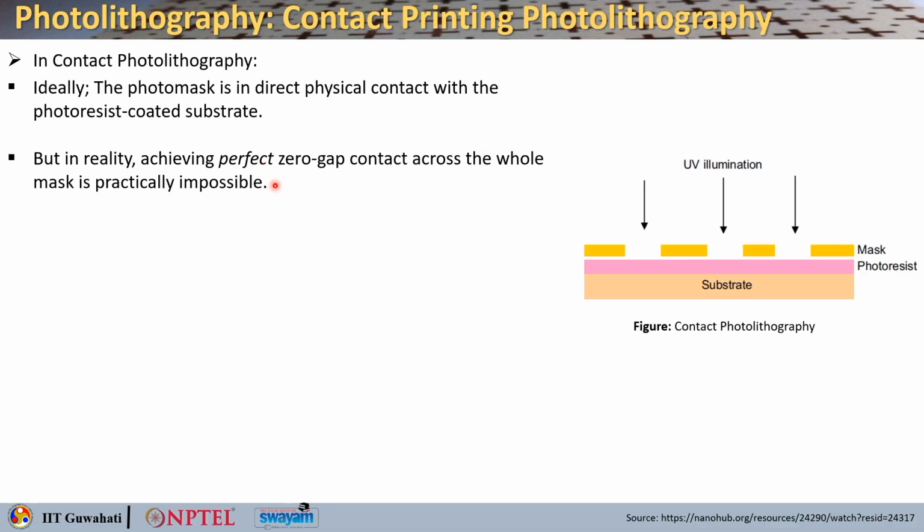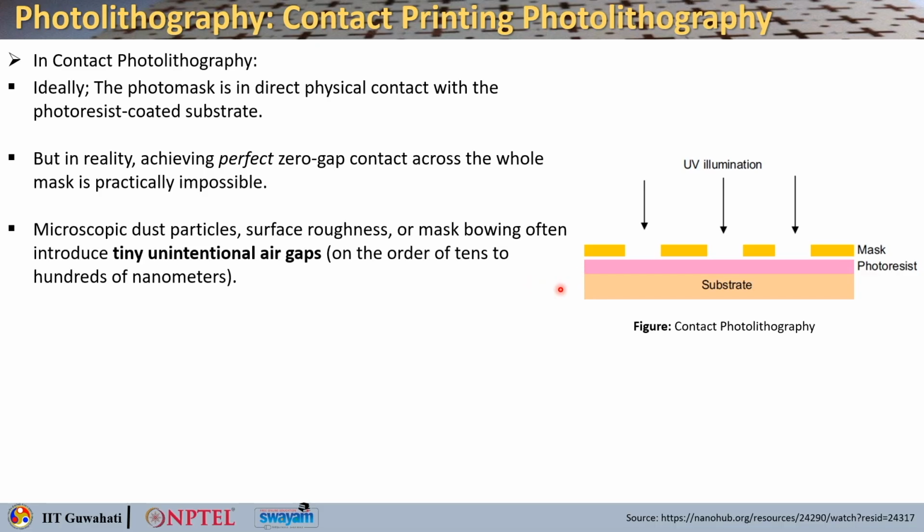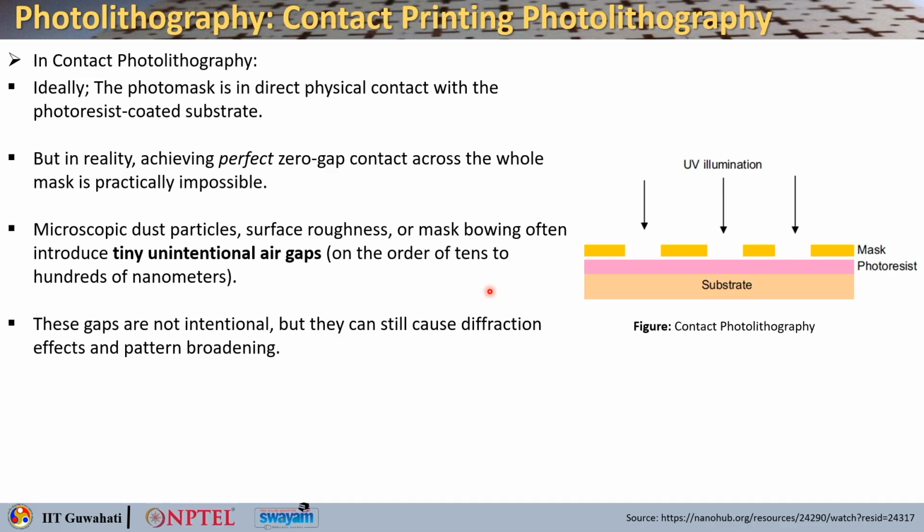In contact photolithography, the photomask comes in direct physical contact with the photoresist coated substrate, but in reality achieving a perfect zero gap across the whole mask is practically impossible. Typically microscopic dust particles, surface roughness, or mask bowing due to irregularities in the surface introduce tiny unintentional air gaps, typically tens or hundreds of nanometers.